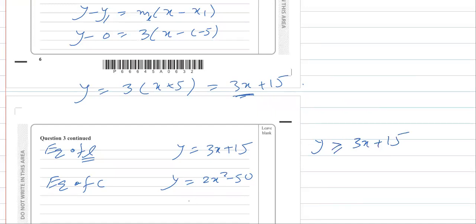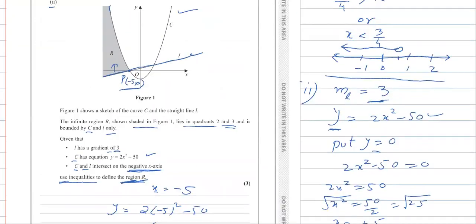Okay, and for this one, if you see, that is lying below that one, so you will say y is less than or equal to, because these are solid lines. Whenever you have a solid line, we use greater than or equal or less than or equal. So clearly you can see here, this is y is equal to 2x squared minus 50. The solution is below it, meaning you will say that y is less than or equal to 2x squared minus 50.